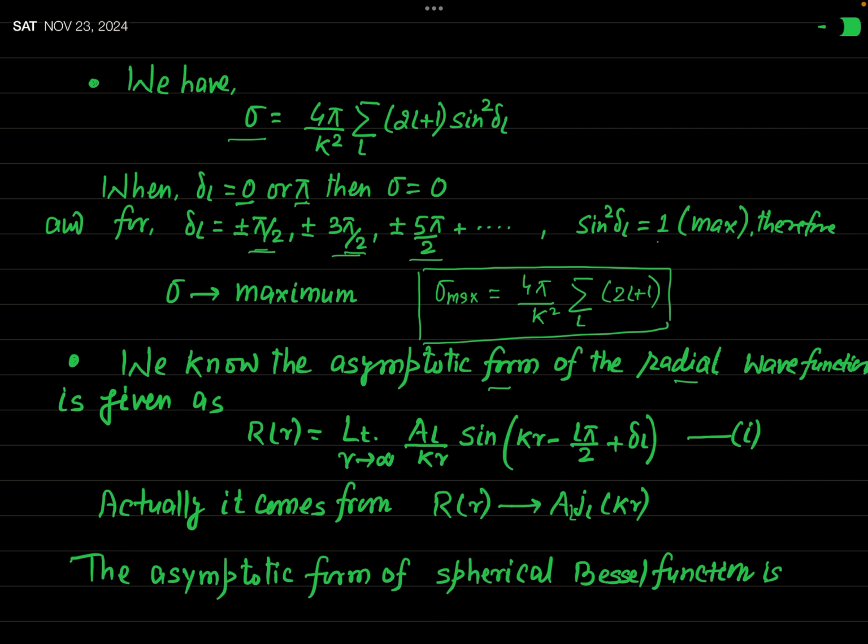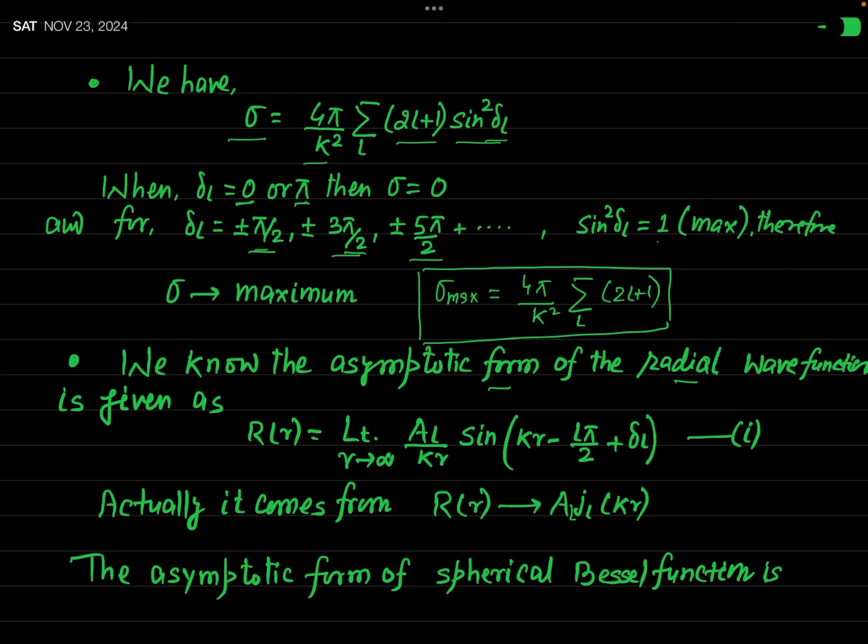What is this sigma? You know this is the total scattering cross section. This is given by the expression 4 pi over k square, summation over L, 2L plus 1, sine square delta L. You can see this scattering cross section strongly depends on the value of this delta L, which is called the phase shift of the Lth partial wave.